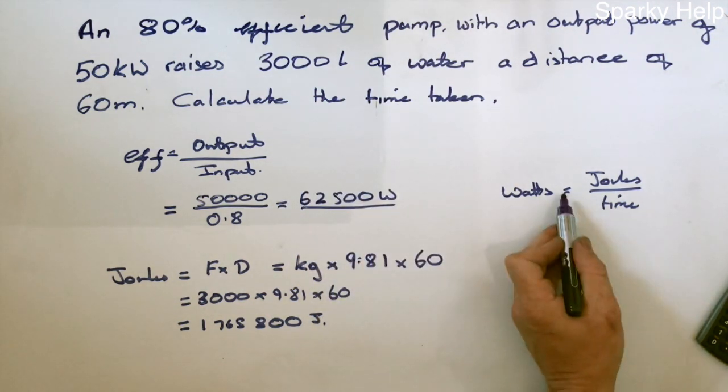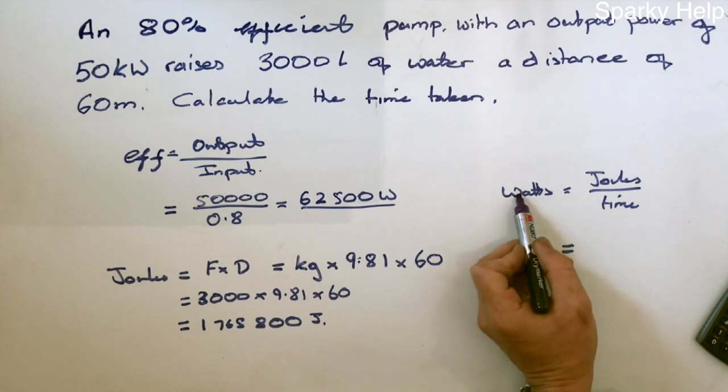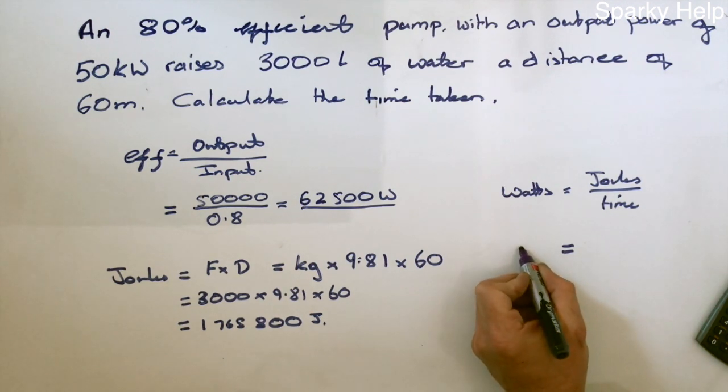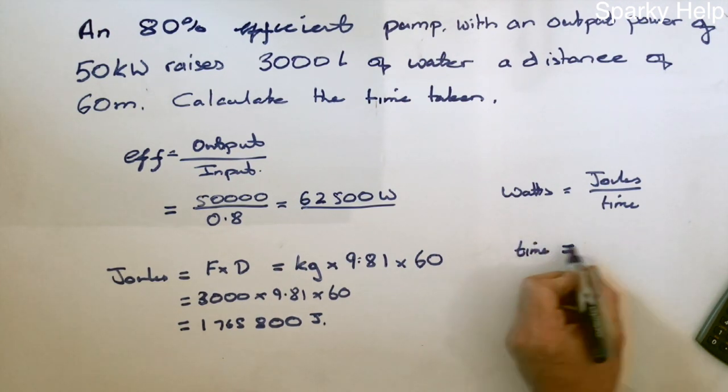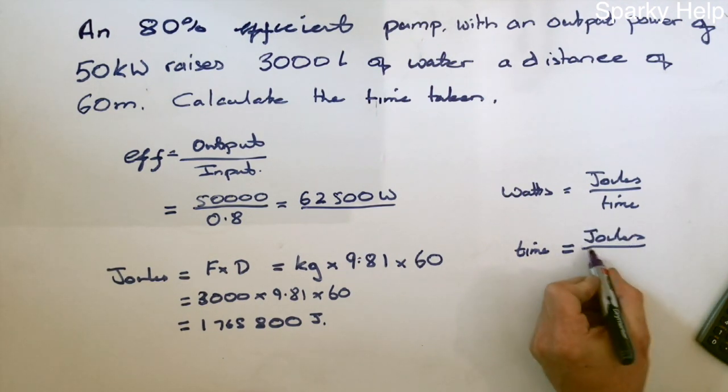So we need to rearrange this formula. This goes up there and becomes a multiply, that comes back down and becomes a divide. So time in seconds equals joules divided by watts.